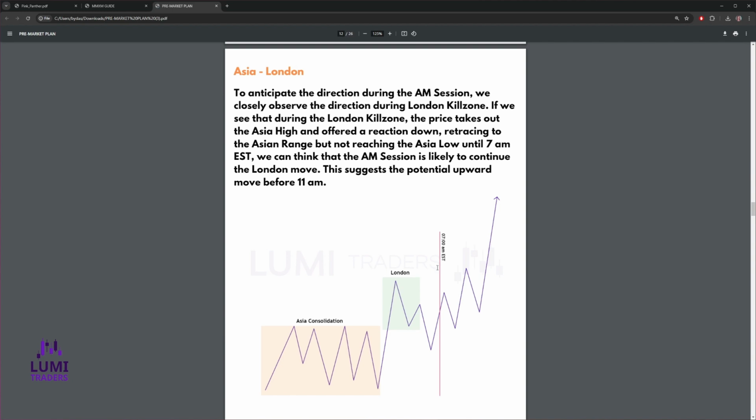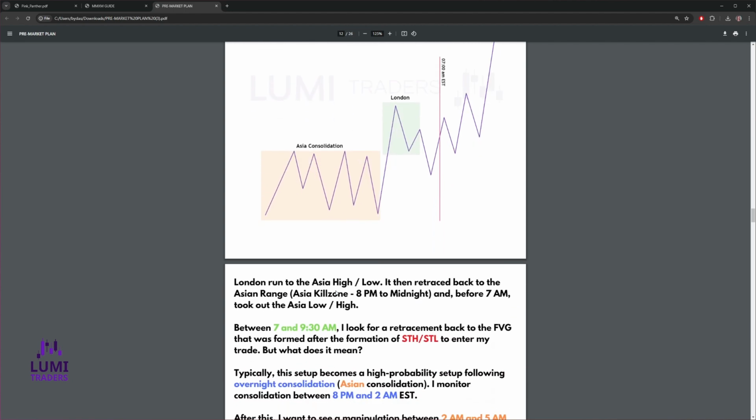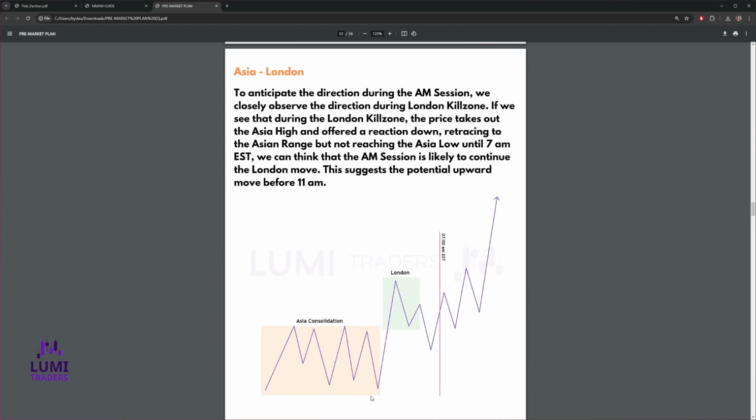This means from 7 a.m. to 9:30 we will see continuation of the London move. We will see continuation higher. I said this suggested a potential upward move before 11 a.m., but I would say usually it ends around 10 a.m. So this is the first case of how I use Asia and London.